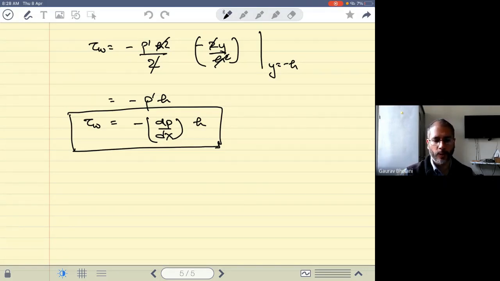So we'll have to hold the walls, otherwise they will move to the right with the flow. And that is equal and opposite to the force the walls apply on the fluid. So we'll know how much pressure difference we have to maintain. So there's a relation between tau wall and dp by dx. Is that clear? So this is the force because of the fluid on the wall, and vice versa.